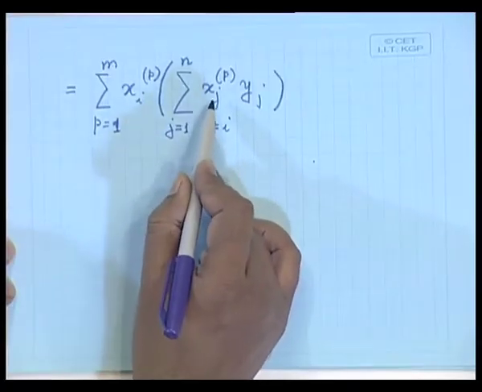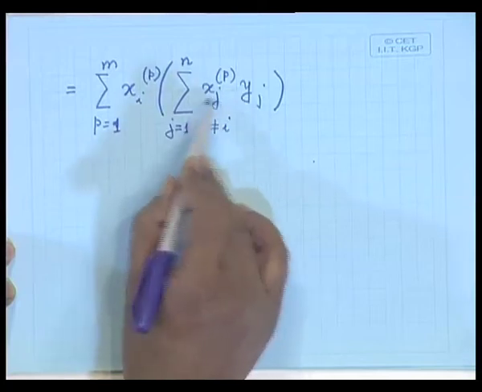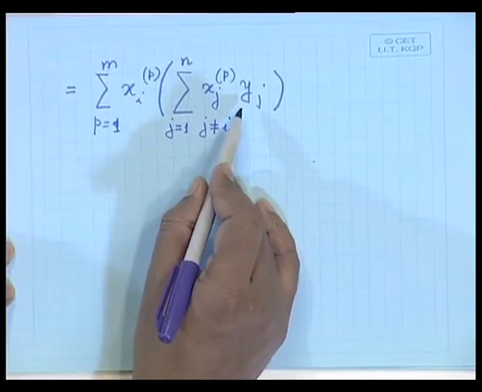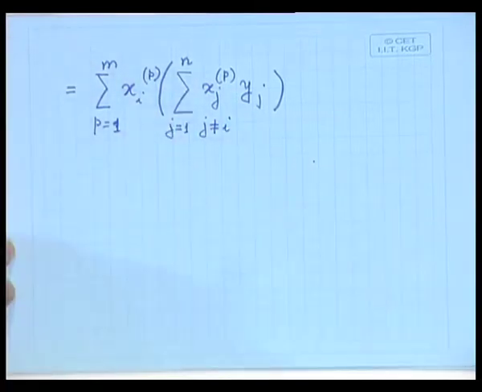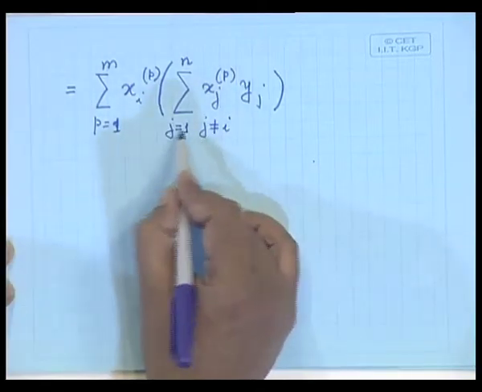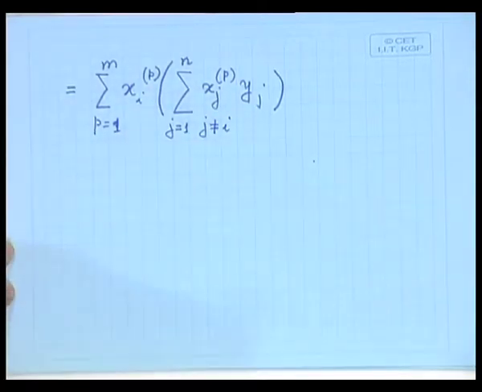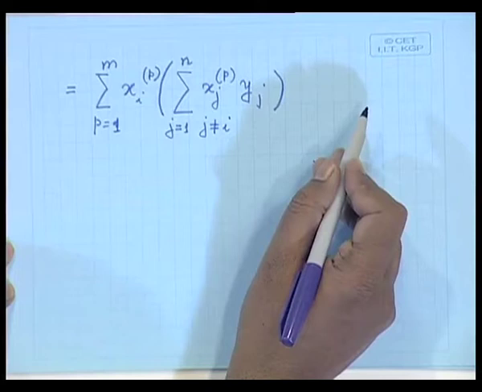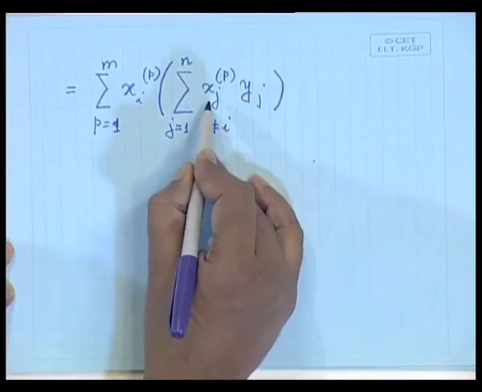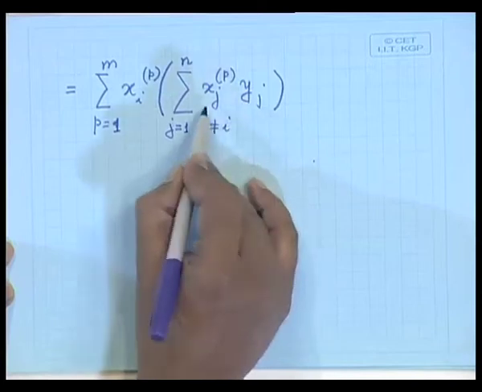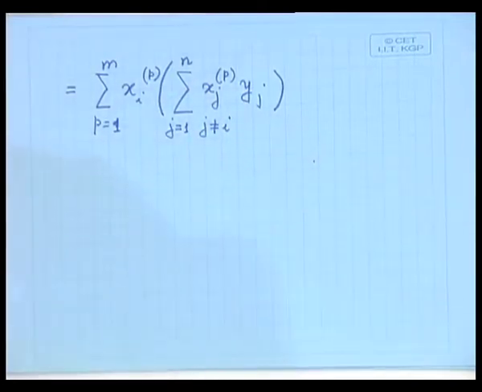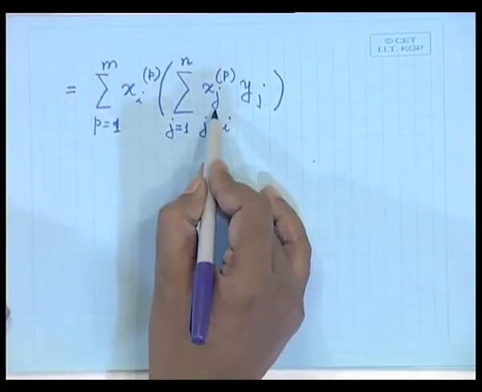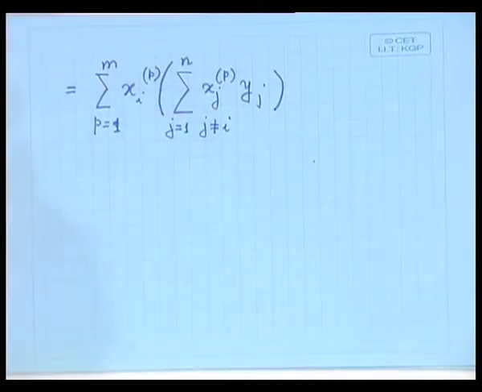So, here you find that depending upon the closeness of this vector x and y, this is the product of x j times y j, and you are taking the summation for j equal to 1 to n, where j is not equal to i. So, this value will be close to n, where n is the dimensionality, if the values x j and y j are matching most of the time, and this will be close to minus n if x j and y j do not match most of the time.